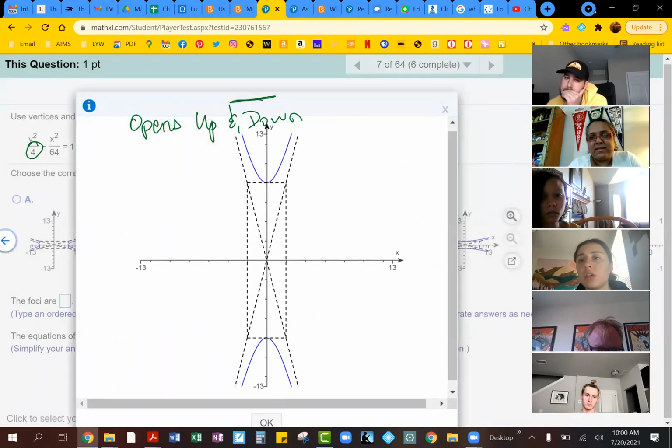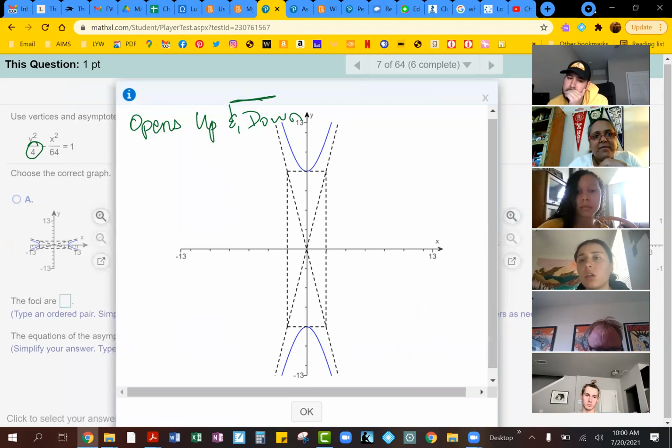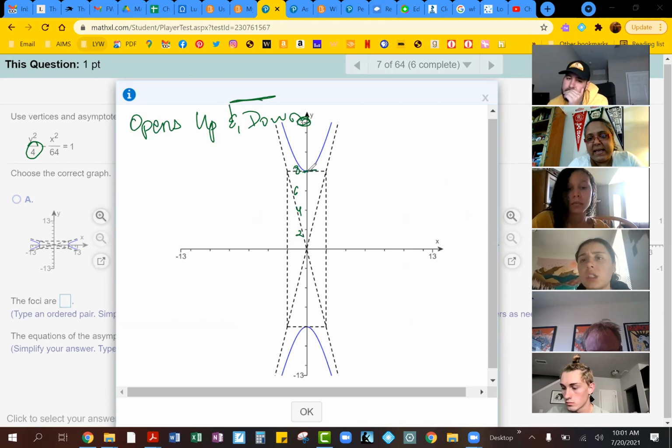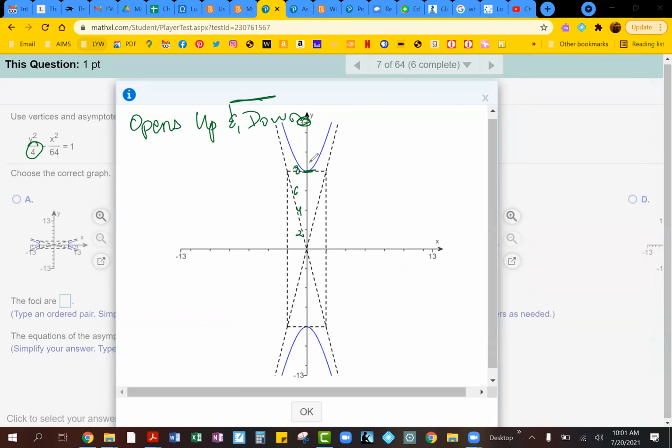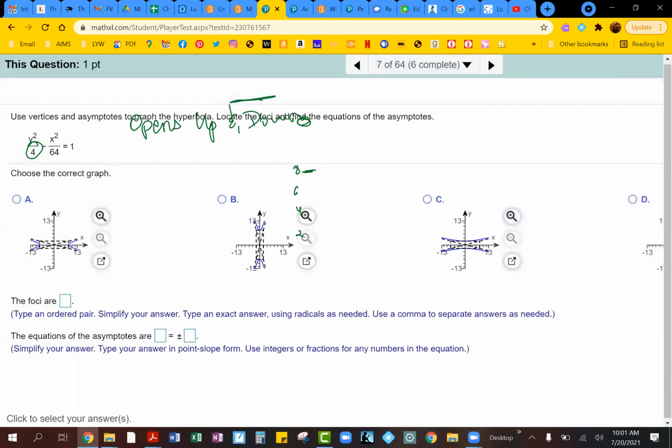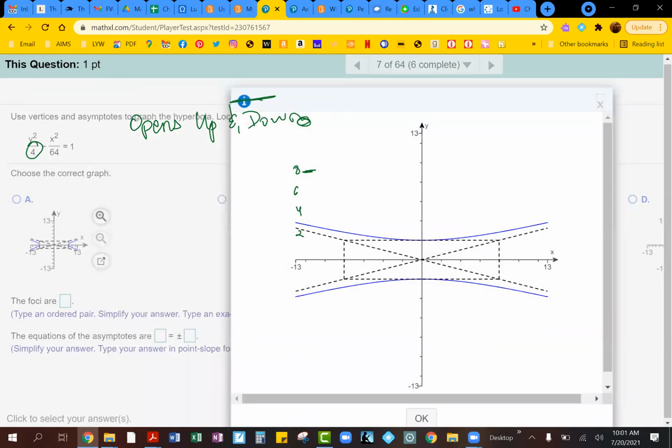Because if you look at this scale over here on this graph, you can see they're showing you 13 over there, but that's the halfway mark. So this is actually broken down into 2s. So this is actually at 8. And then let's look at the other one. If you look at this guy, again, this is broken down into 2.